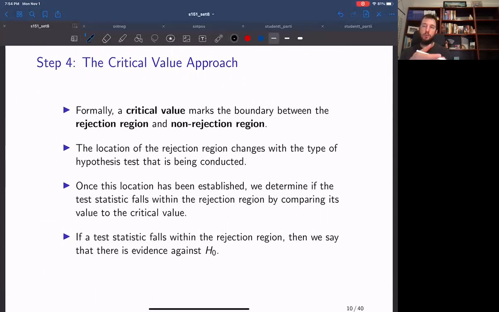And if we put the rejection region in the wrong place, then we could very easily make the wrong decision about H naught. Okay, so it's very important that we get the rejection region properly set up. And again, that means that it's very important that we get the alternative hypothesis properly set up.